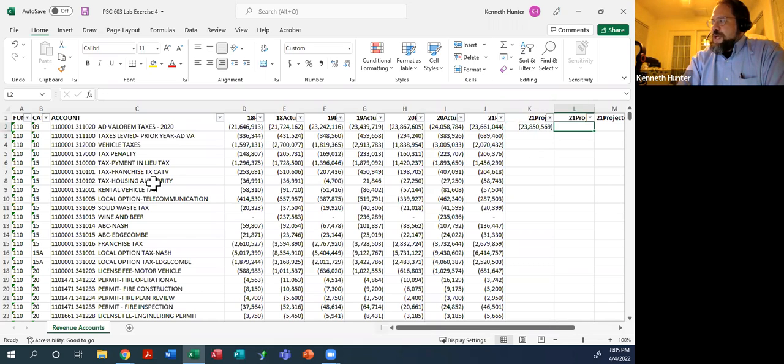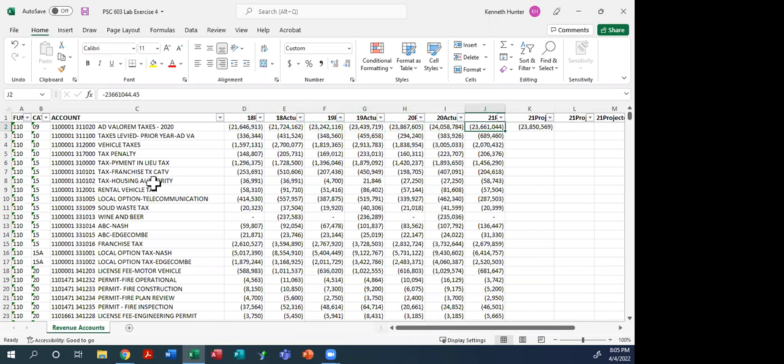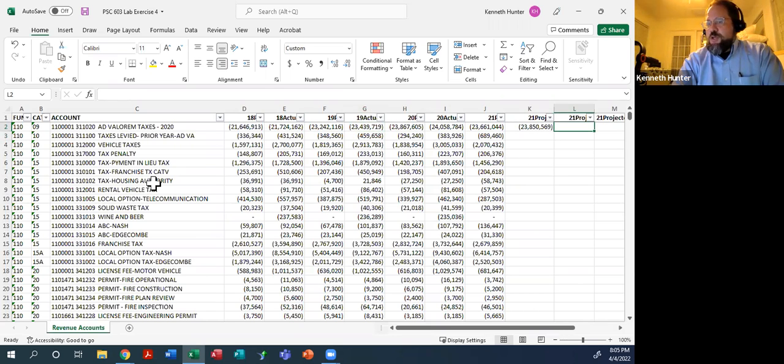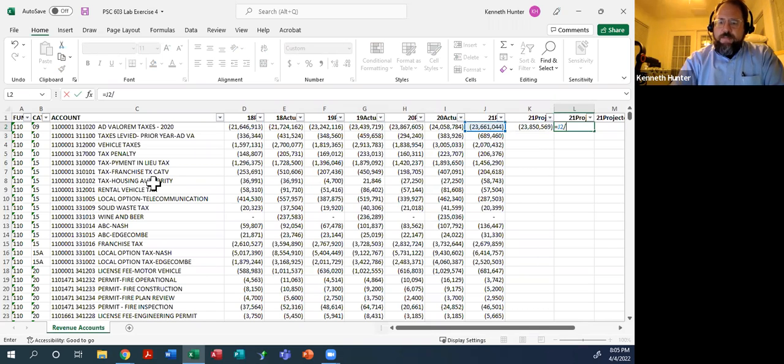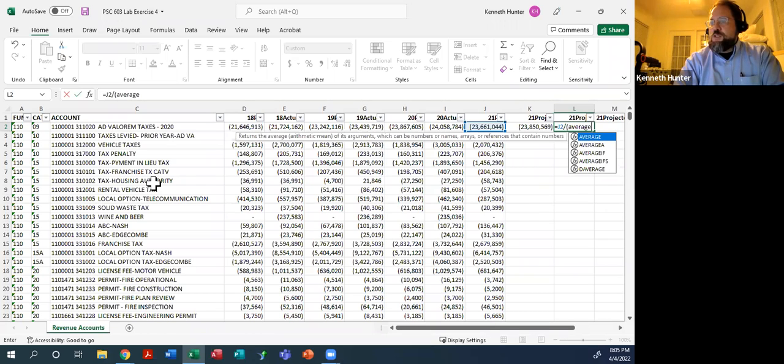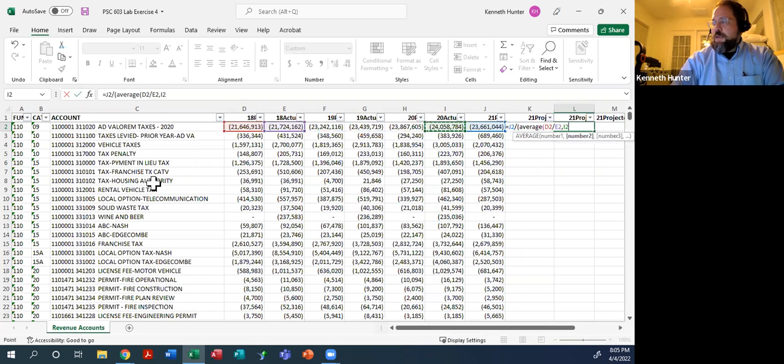What I next want to do for projection B is go back and use all 3 prior years and determine their average share. So we're now working with L2, and that equals J2 divided by parentheses average D2 divided by E2, comma, F2 divided by G2, comma, H2 divided by I2.